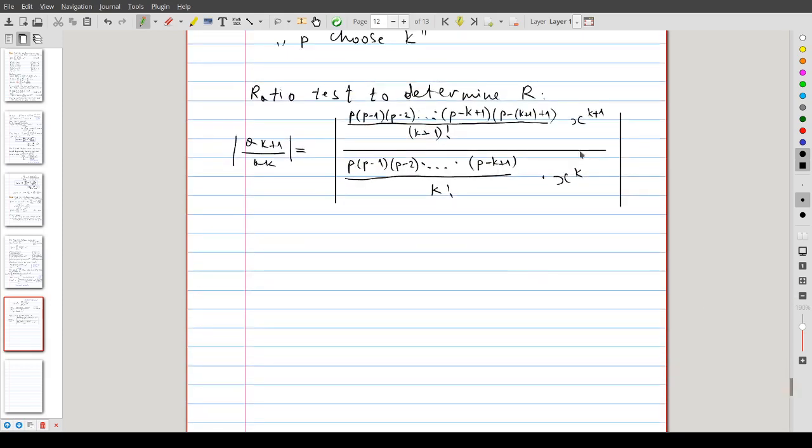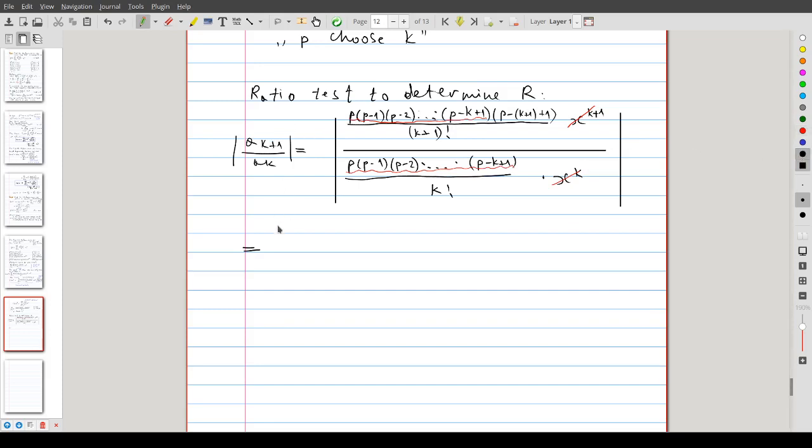Let's see what will cancel. So first of all, I can get rid of x almost entirely. Then you see that all of these factors, but the last one, occur both in the numerator and in the denominator, so they will cancel as well.